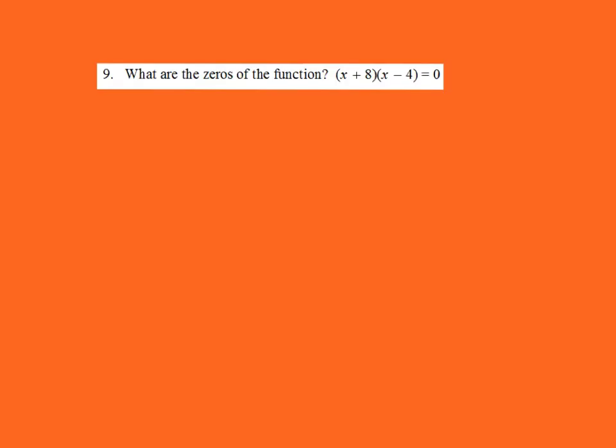Okay, so we're getting into a slightly different type of problem now. We are being asked for the zeros of a function, but what we're given is a factored form of a function. So what we need to do is use that zero product property where we set both of these things equal to 0. So I have x plus 8 equals 0 and x minus 4 equals 0.